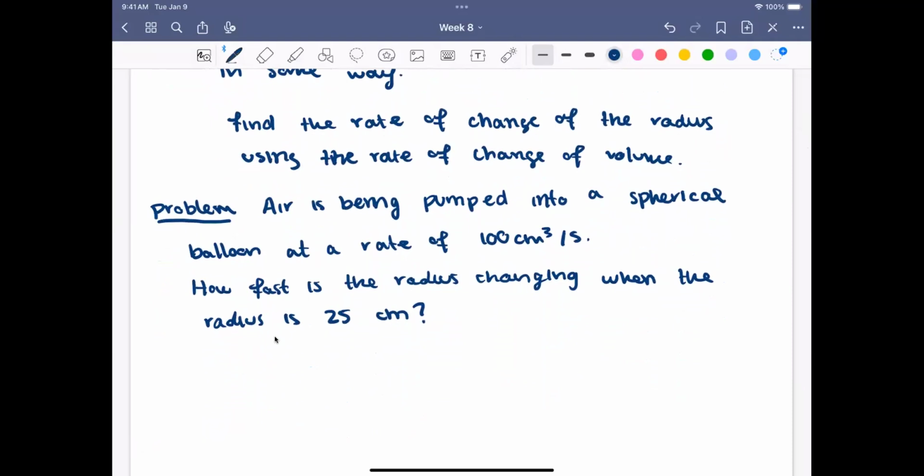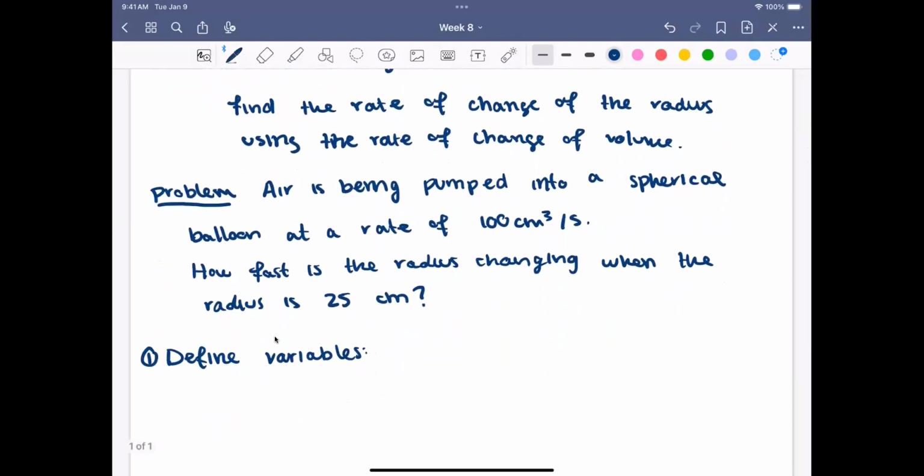The first step is to define the relevant variables. So step one, define some variables. In this case, we'll let V denote the volume of the balloon, and we'll let R be the radius. Then I'm going to reframe the problem in terms of these variables.